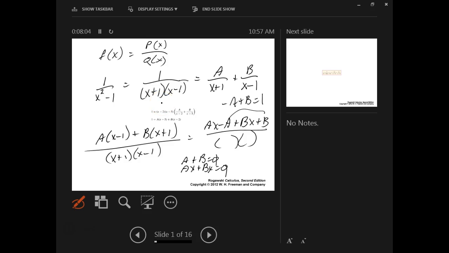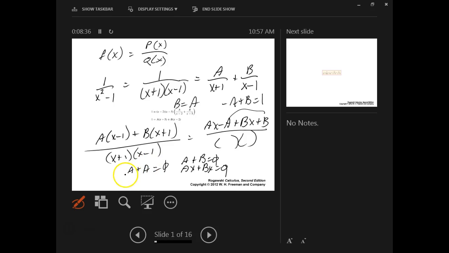Okay? Well, if this says that B is equal to A, right? If you add A to both sides. And this then says if A is equal to B, then this is A plus A, is equal to 0.